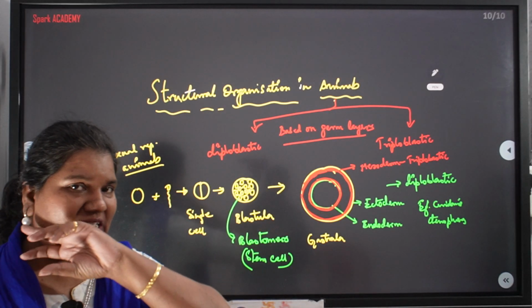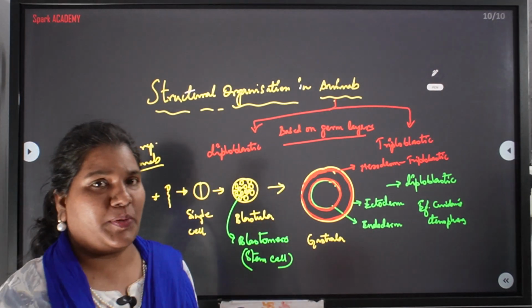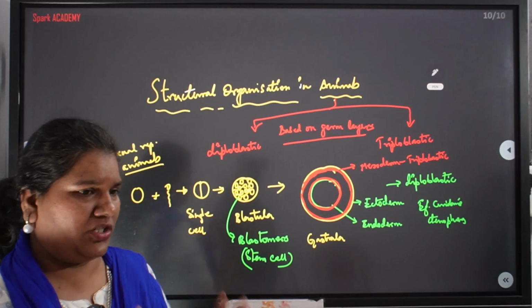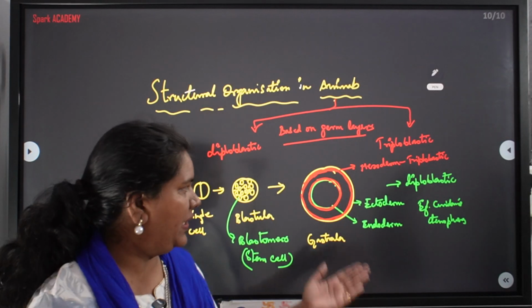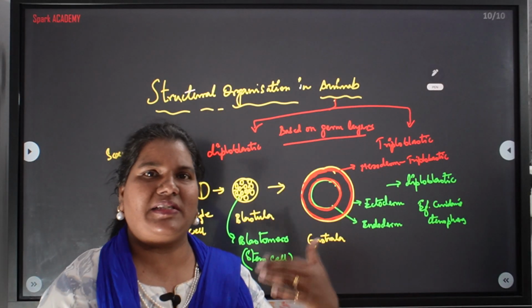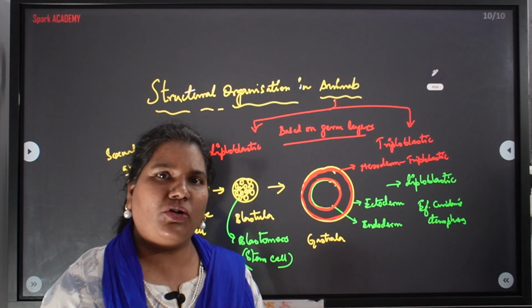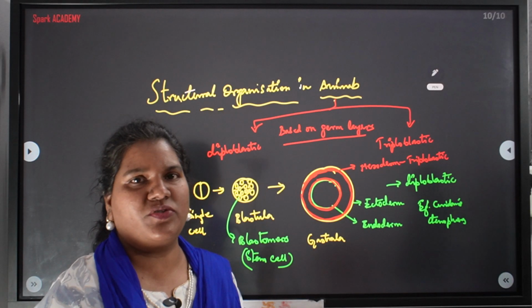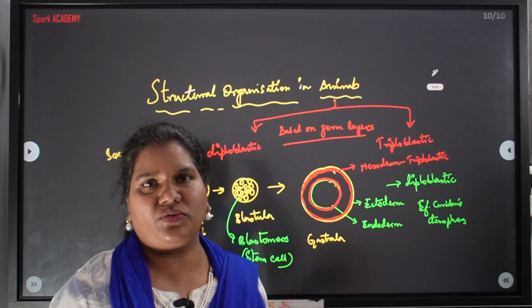And who are triploblastic animals? From platyhelminthes to chordates. Now what is the speciality of these germ layers? Different tissues are produced from the germ layers. For example, from ectoderm, epidermis and skin are produced. The nervous system comes from ectoderm. From endoderm, the digestive system is produced. From mesoderm, all different types of connective tissues are produced.